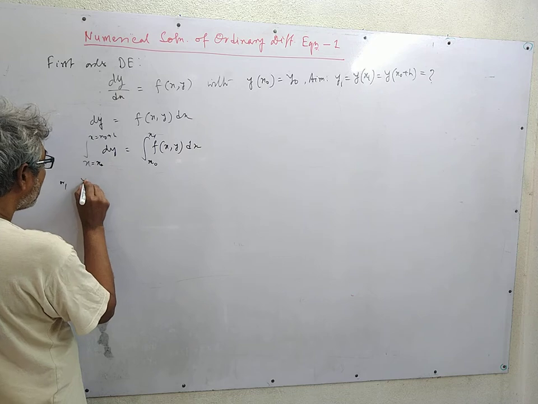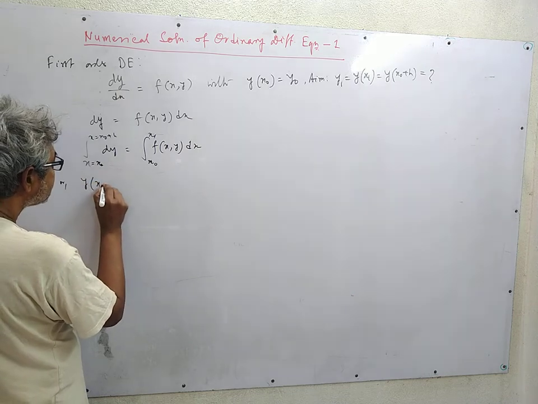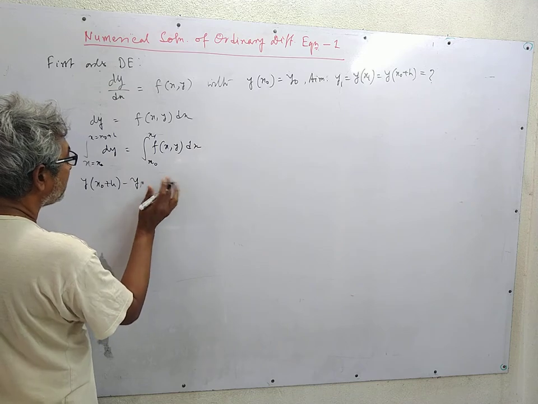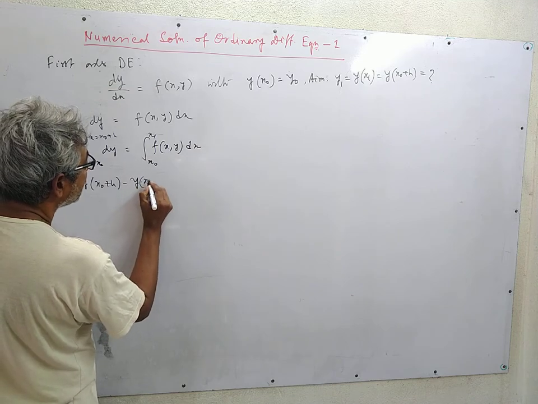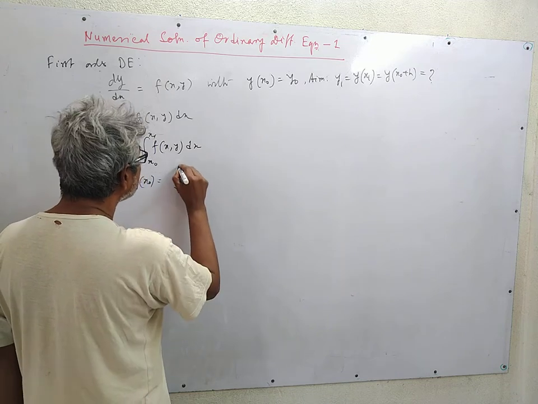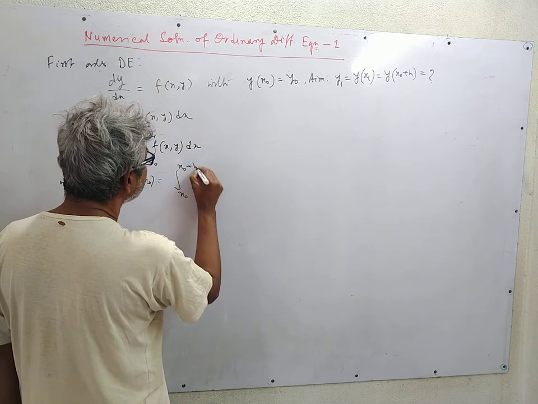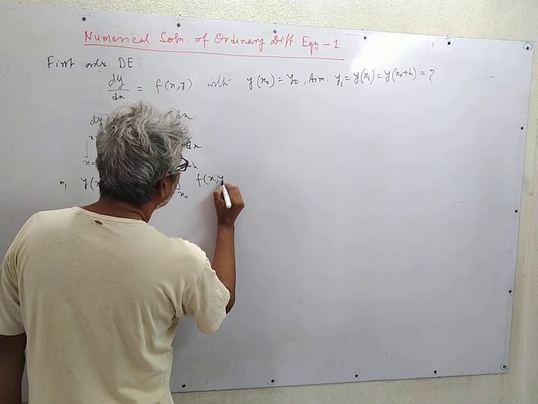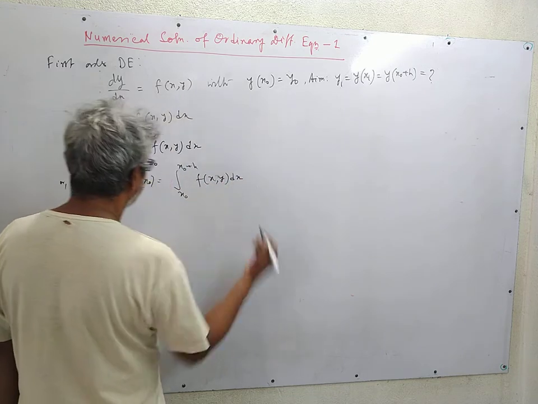So we write y of x0 plus h minus y at x0 is equal to the integration from x0 to x0 plus h of f of x,y dx.